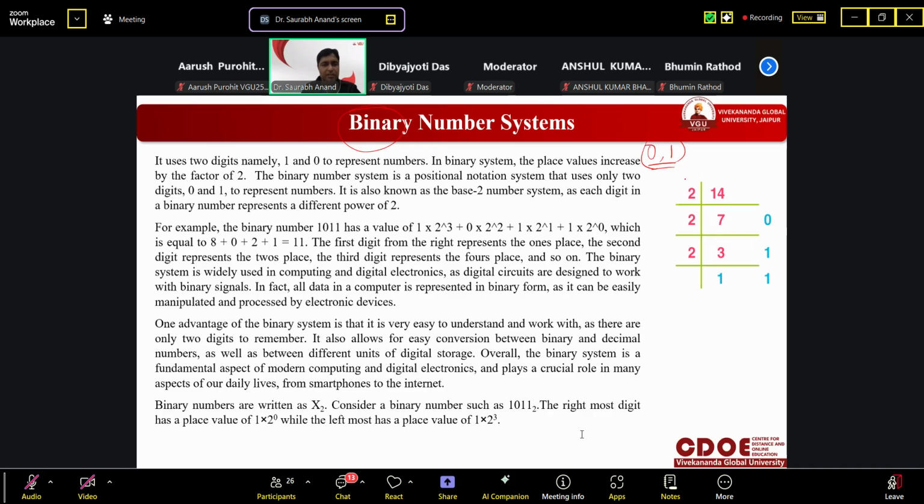Clear? Here is an example. Whenever we write a binary number like 101, it should have a 2 here, because 101 can also be the decimal number 101. Why is it 101 in binary? Because it is not decimal.